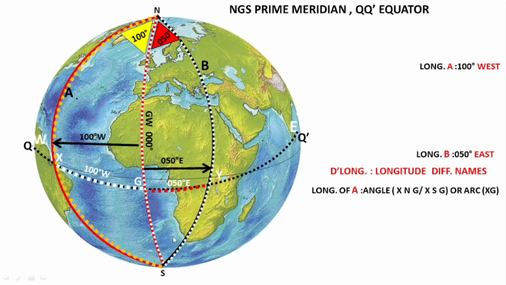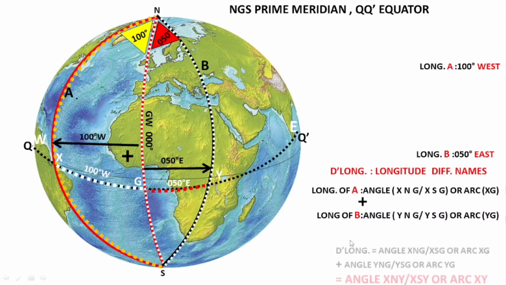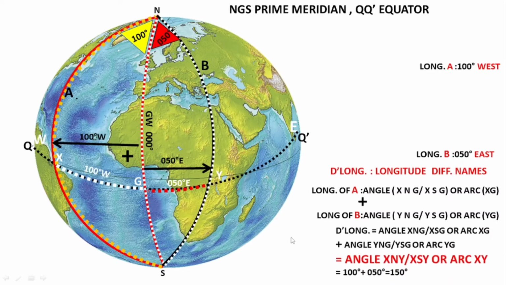So D.LONG is the longitude of A plus the longitude of B. Because you are crossing the Greenwich meridian. If you are starting from 50 degrees, you are coming to 0 and then going to 100, or vice versa. So the D.LONG between these two meridians, east and west, is 150.